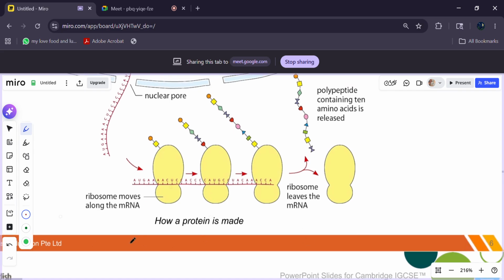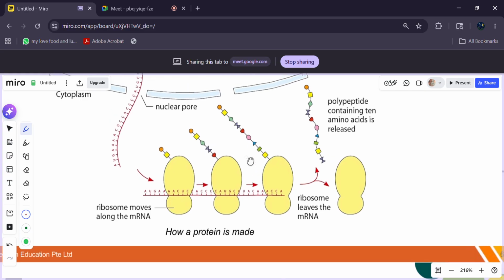That's step 2, the synthesis of protein in the cytoplasm. In the cytoplasm, the mRNA attaches to the ribosome. The ribosome translates the message in the mRNA into a sequence of amino acids. Amino acids are the smaller units of proteins.